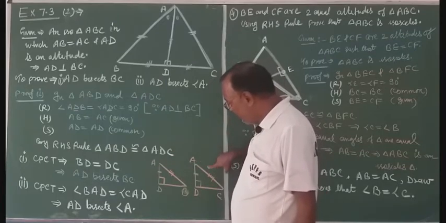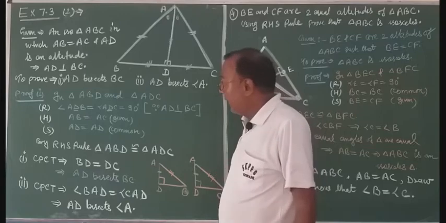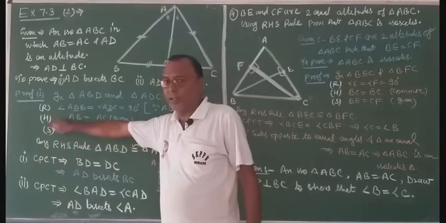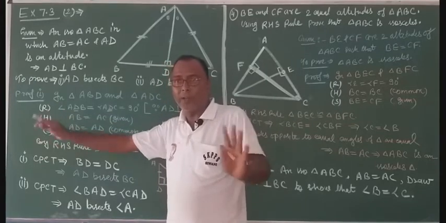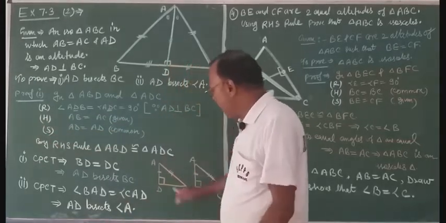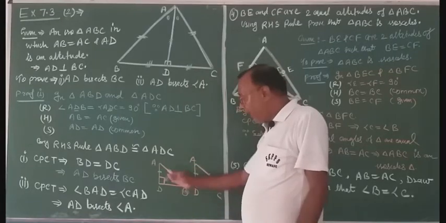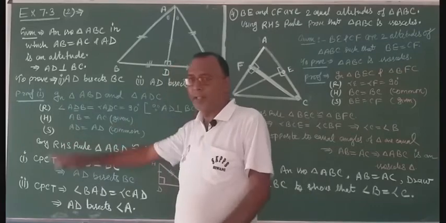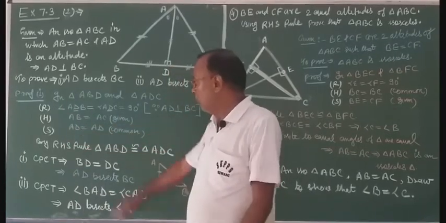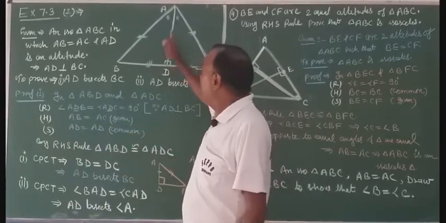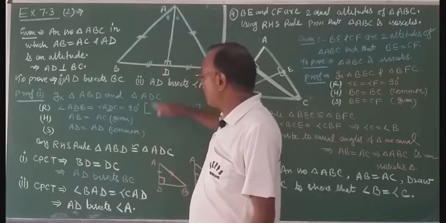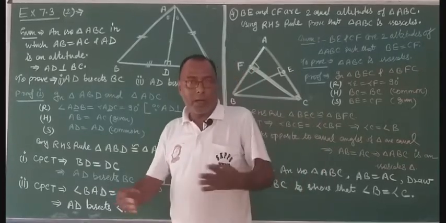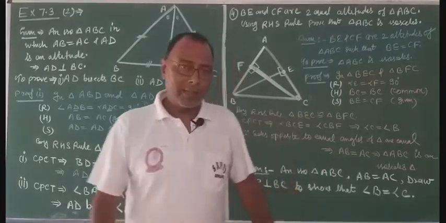AC in this triangle is hypotenuse. So AB equal to AC means they are the equal hypotenuses of both the triangles. AD is common, and that is S, the side. So what rule is this? By the RHS rule, triangle ABD is congruent to triangle ADC. These two triangles are congruent by the RHS rule.